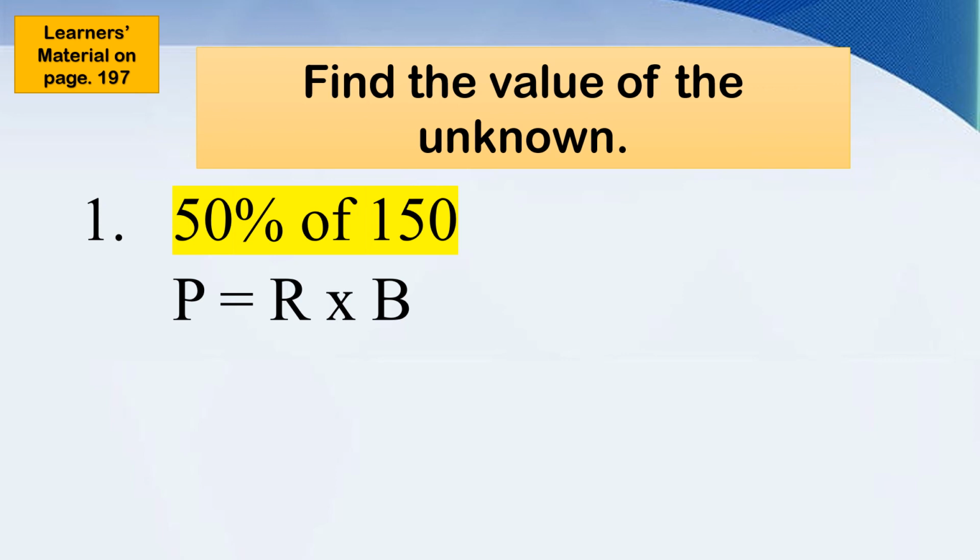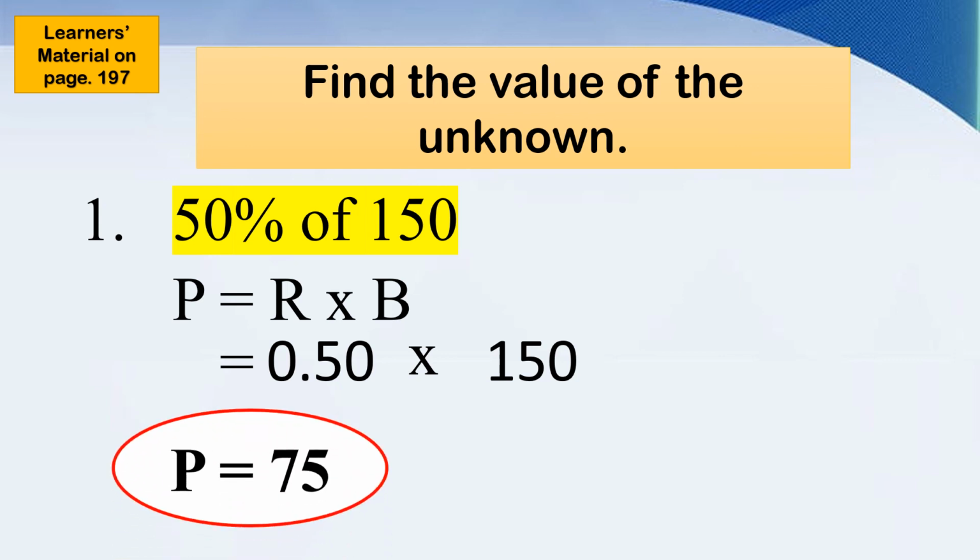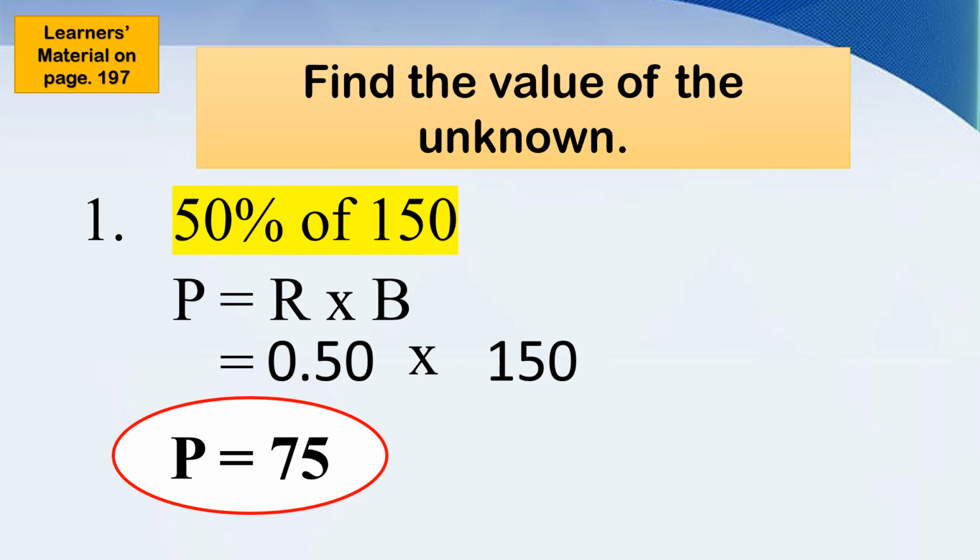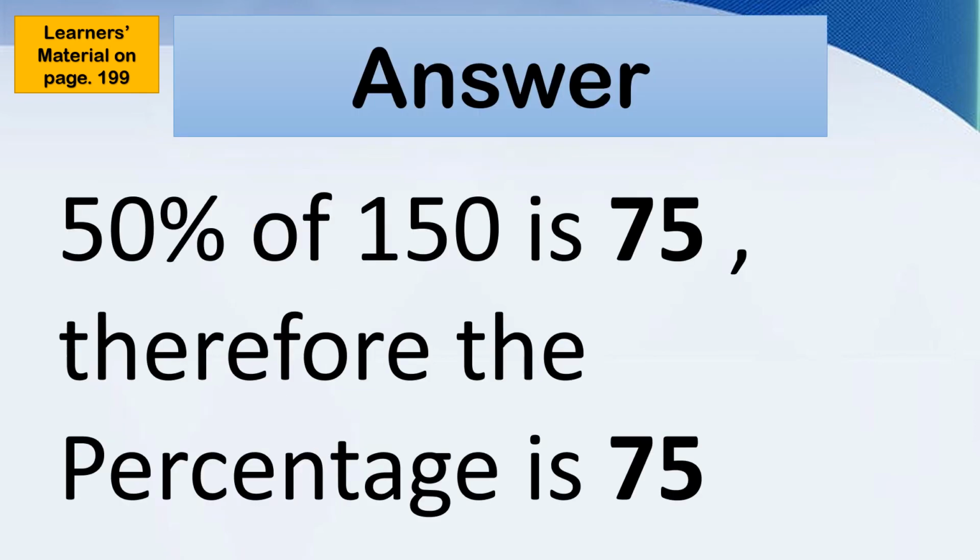P is equal to R times B. Our rate is 0.50. The base is 150. 0.50 times 150. Get the product of rate and the base. The answer is 75. Hence, 50% of 150 is 75. Therefore, the percentage is 75.